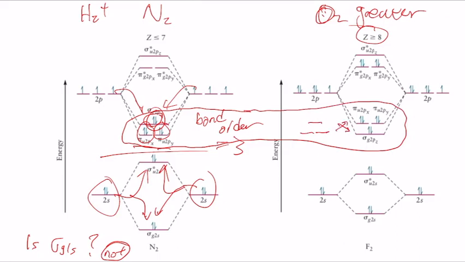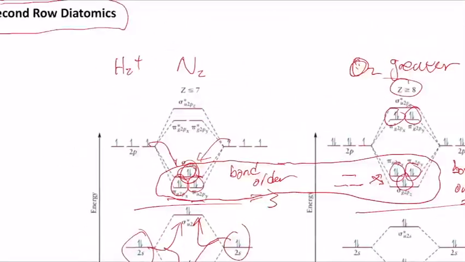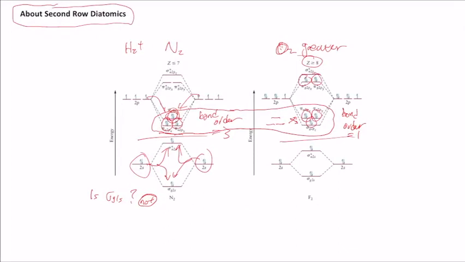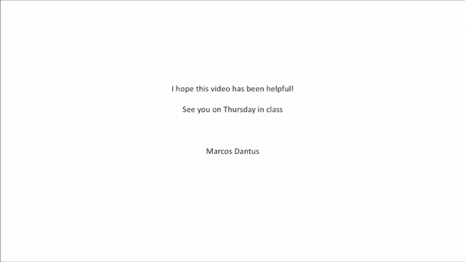And the reason for this, we're going to explore next week, okay? I just wanted to show you this because now there's no bonding for the 2s's. Here we have 3 that are bonding, 2 that are anti-bonding, so the bond order here equals 1. We will be talking more about second row diatomics and heteronuclear diatomics next week.